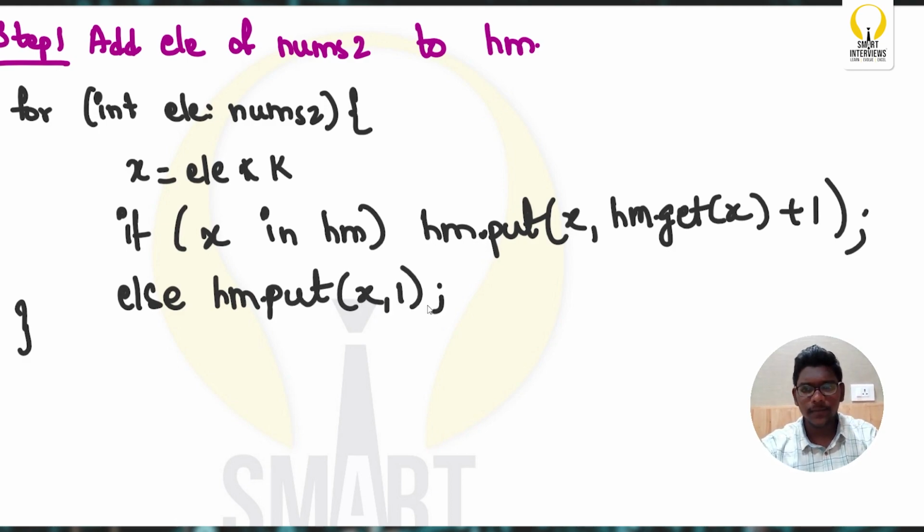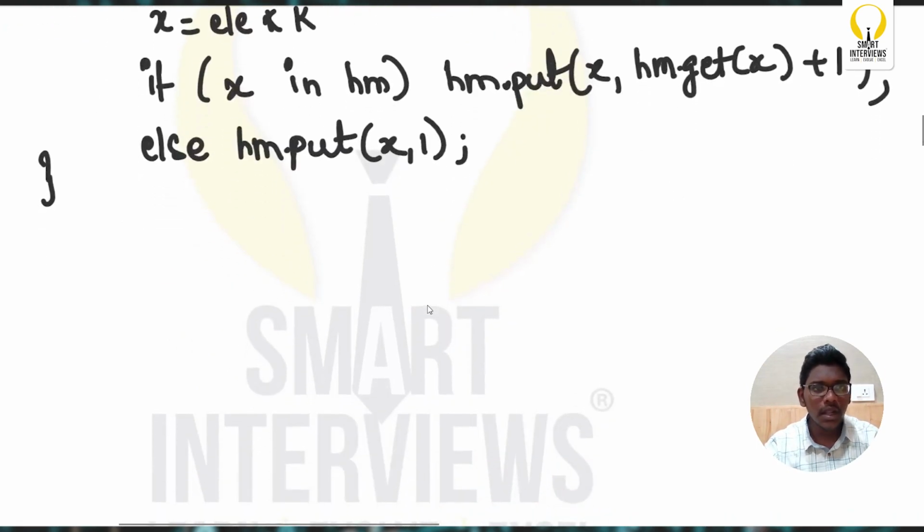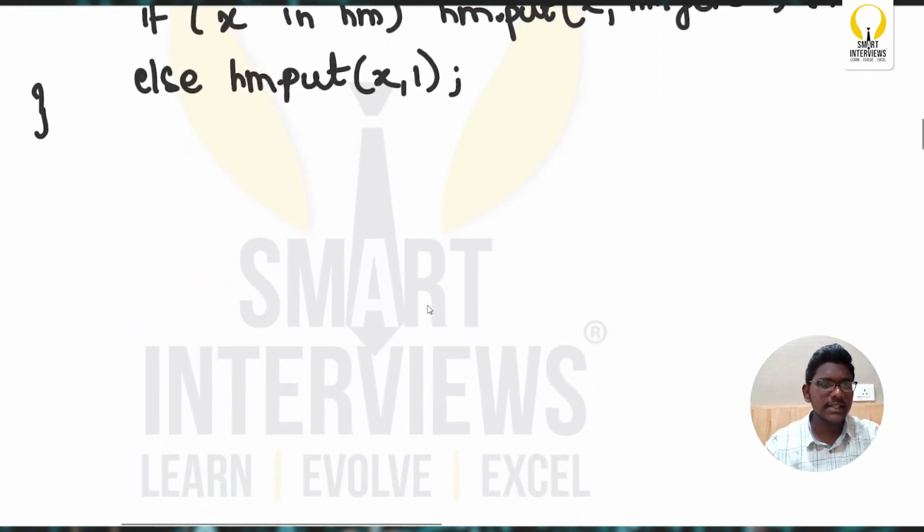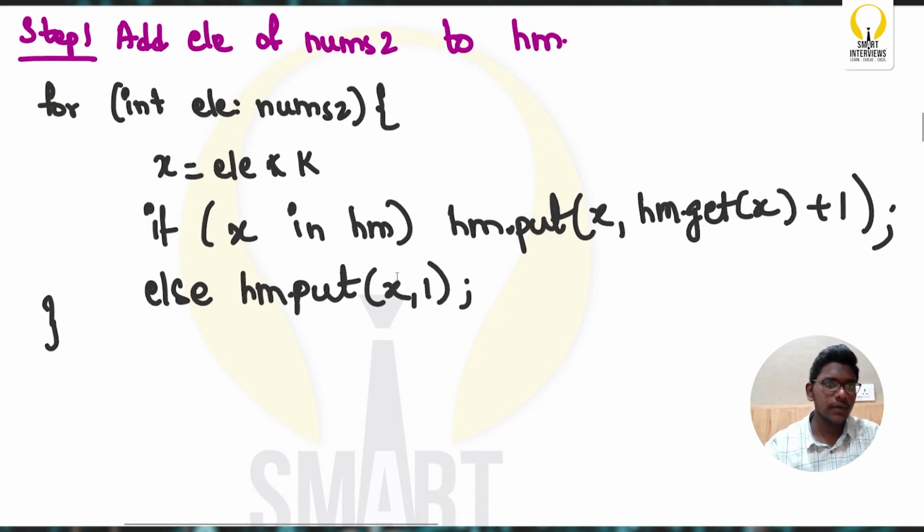So we are done with step 1 where we are adding the elements of nums2 to hm, where every element of nums2 is being multiplied by k. Now, step 2. We'll just iterate through the divisors of every nums1 element.